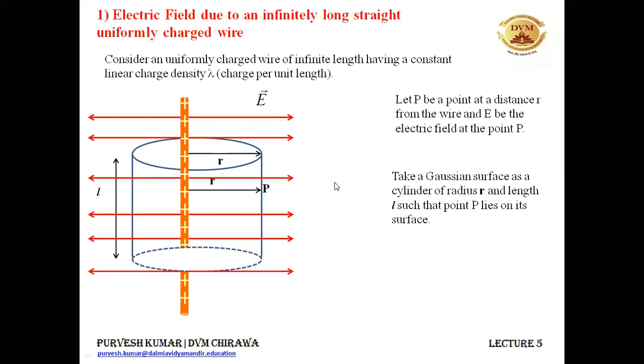So we have three surfaces for this Gaussian surface: the top surface, the bottom surface, and the middle one, the curved surface area of the cylinder. Now, from each of these surfaces, there must be some area vectors. So let's try to find out the area vectors from each of these surfaces.